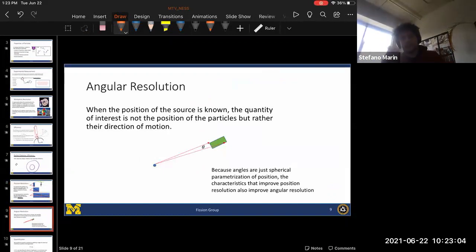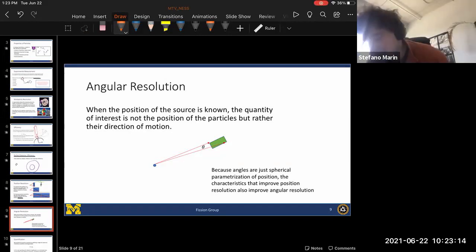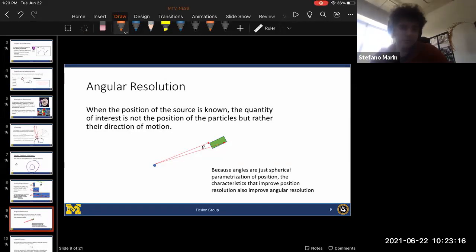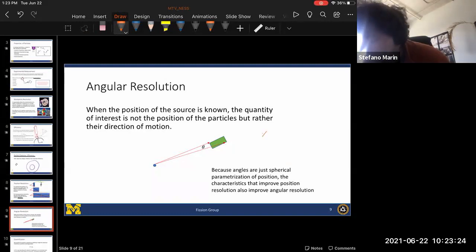Moving on to a similar topic, the other face, the other side of the position resolution is the angular resolution. So the angular resolution is basically the same thing as the position resolution. The only thing is that instead of caring about the x, y, and z coordinates, we look at the r, theta, and phi.